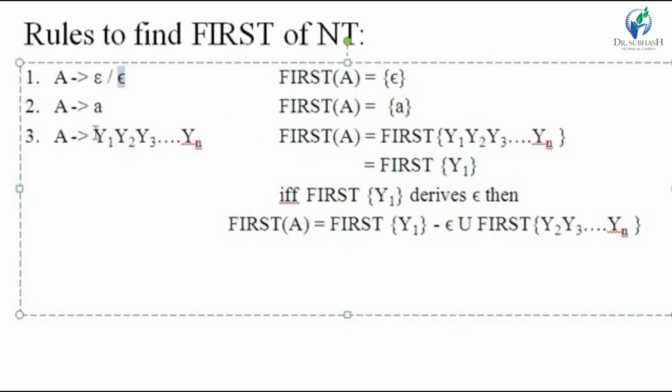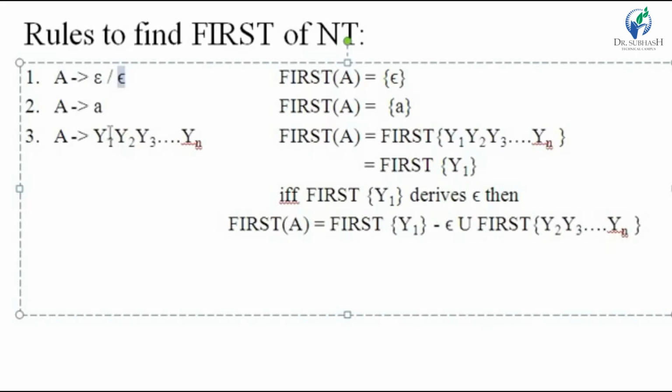If A gives y1, y2, y3 up to yn, then first of A is equal to first of y1. If and only if first of y1 derives epsilon, then first of A is equal to first of y1 minus epsilon union first of y2, y3 up to yn.